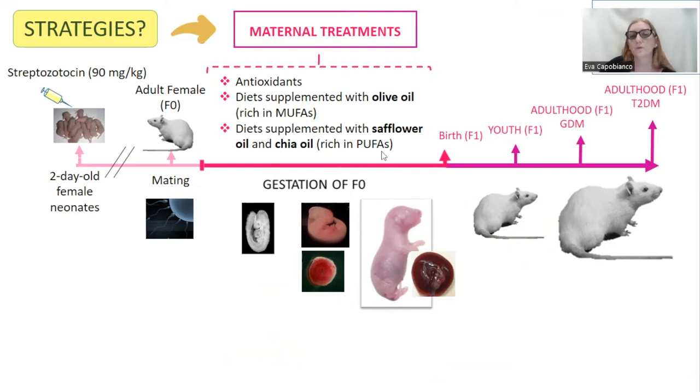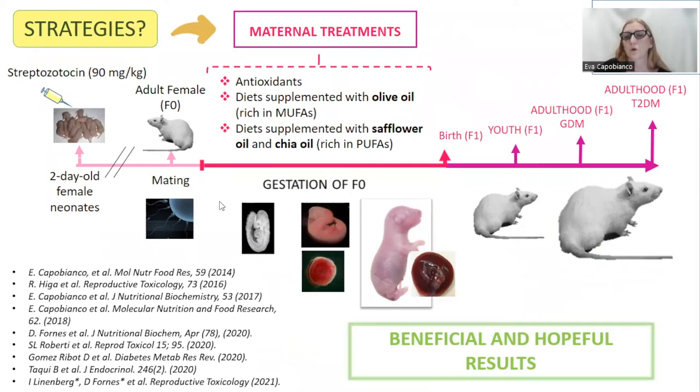Remember that MUFAs and PUFAs are agonists of PPAR. So we tested these diets in the mother during the gestation of the mild diabetic rats, with very beneficial and hopeful results not only during the fetal development, but also in the different stages of the offspring after birth.